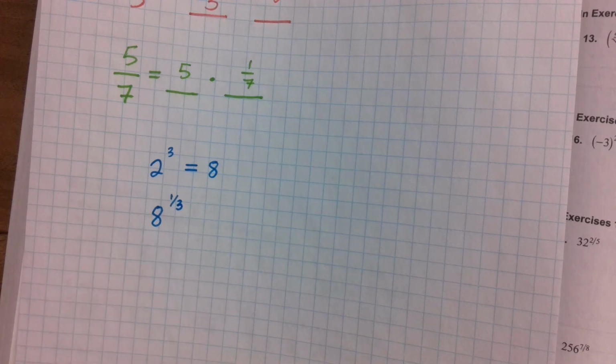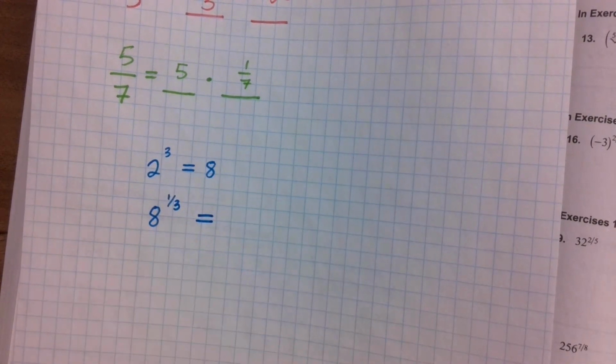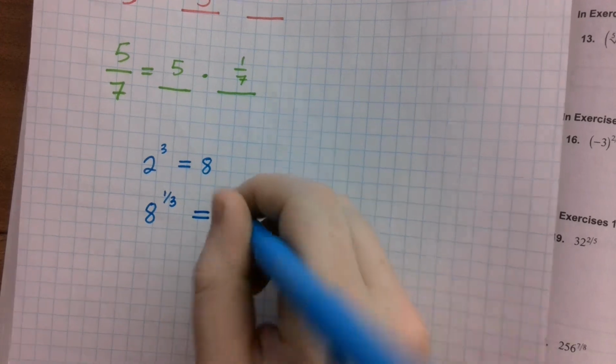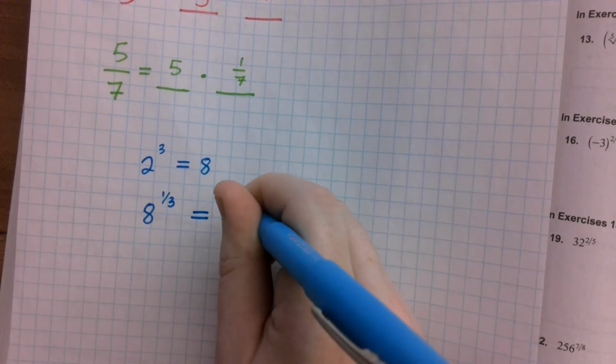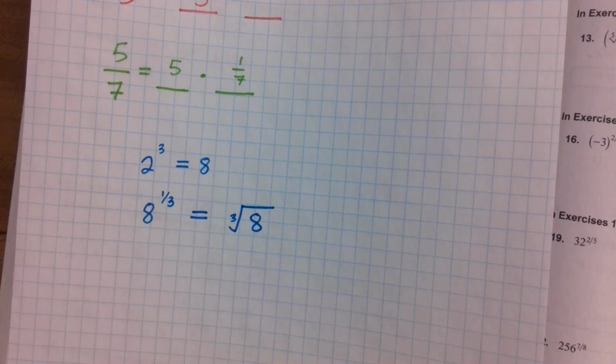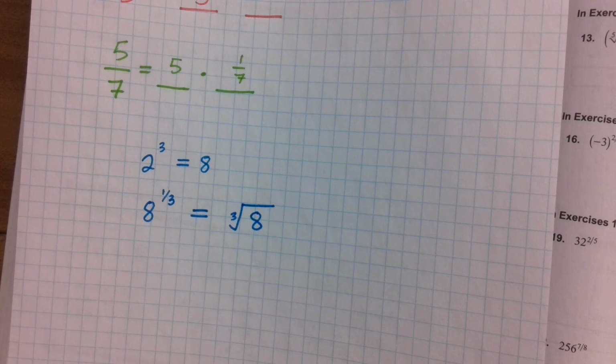Here's the secret. Fractional exponents are the same as roots. 8 to the 1/3 power is the same as the third root or cube root of 8. Why is this?